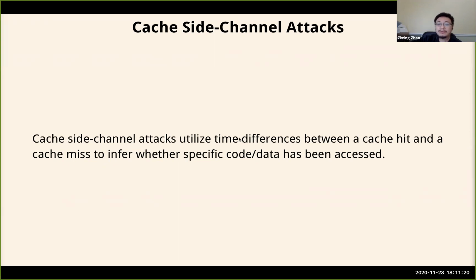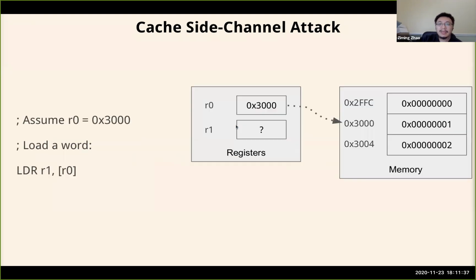You can steal or infer crypto keys, you can attack another computer, you can build a covert channel, and Meltdown and Spectre use this approach to build a covert channel to send things out from a more privileged domain.